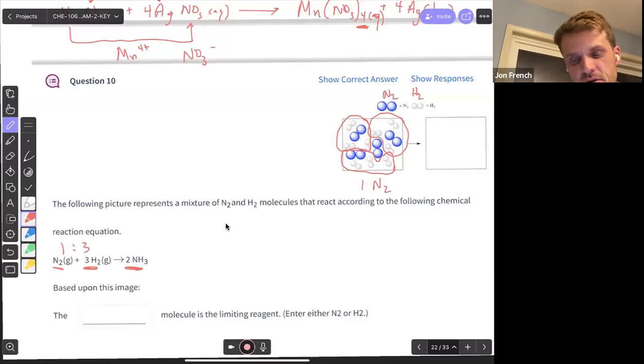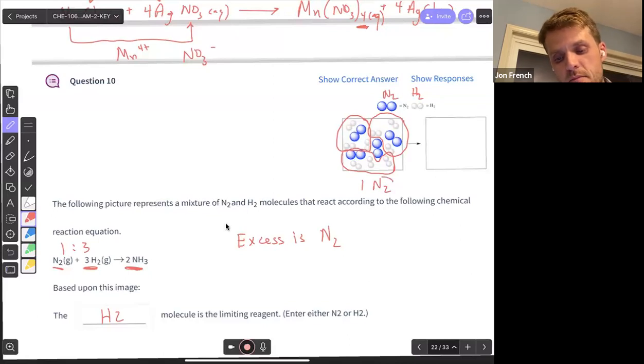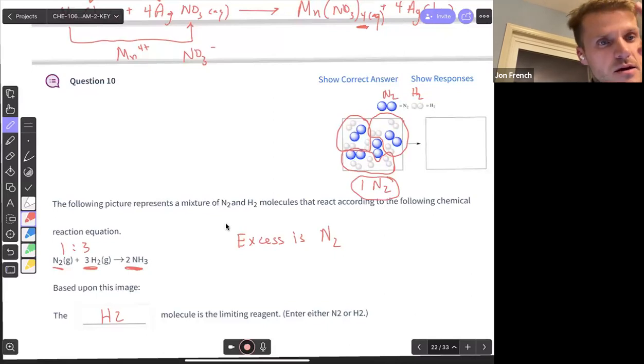So my limiting reagent is hydrogen, and what I have in excess is nitrogen. I have one molecule of nitrogen left over when the reaction goes through 3 times.